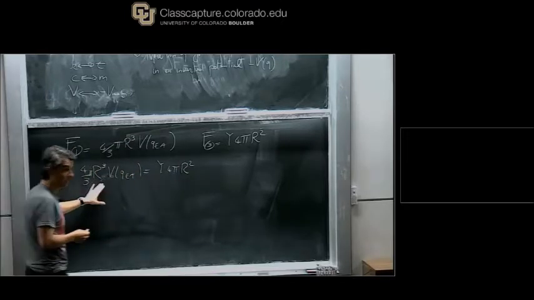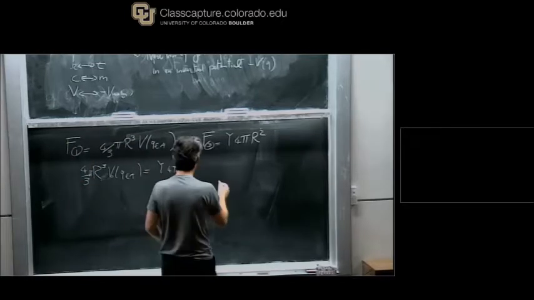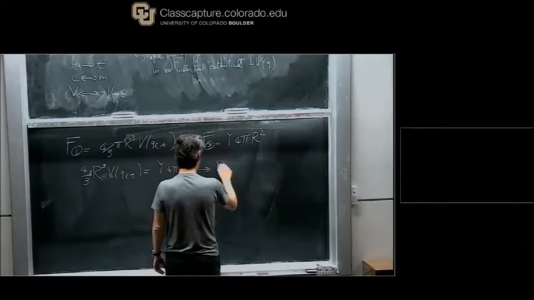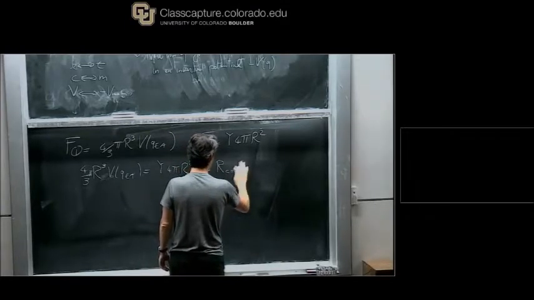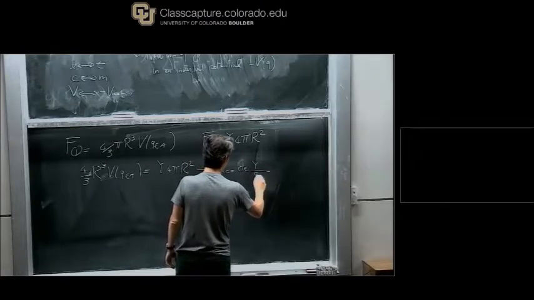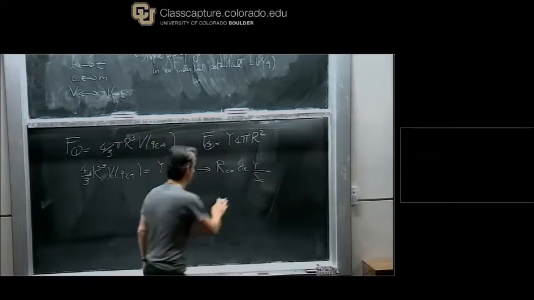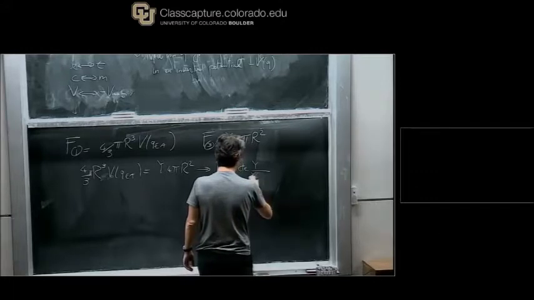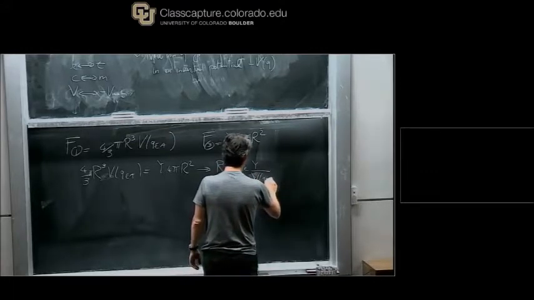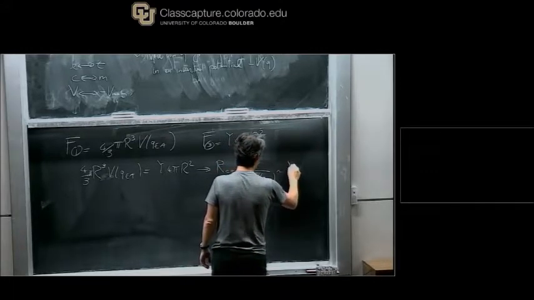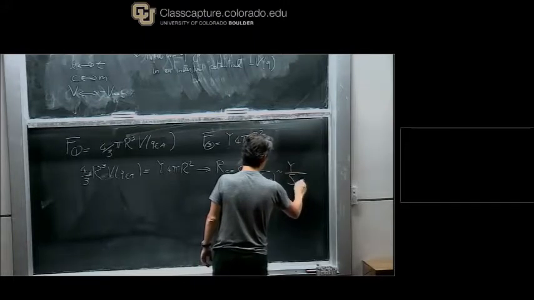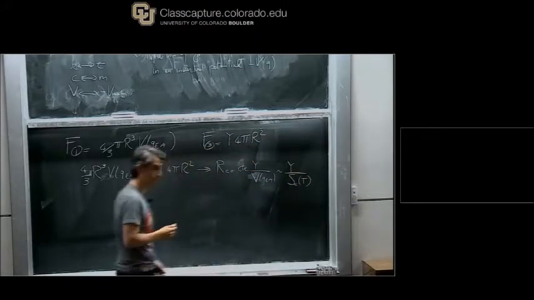And this will give me the critical radius at which the two are equal. I will call it RC. It's a constant times Y divided by vQEA, which means that it's proportional to Y divided by the configurational entropy at temperature T.